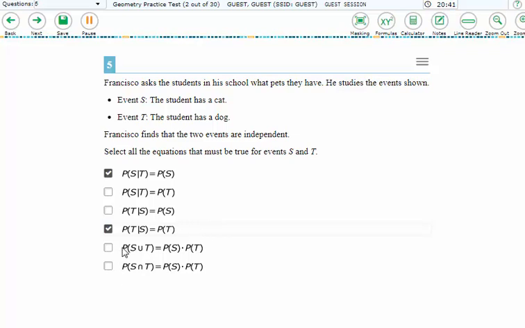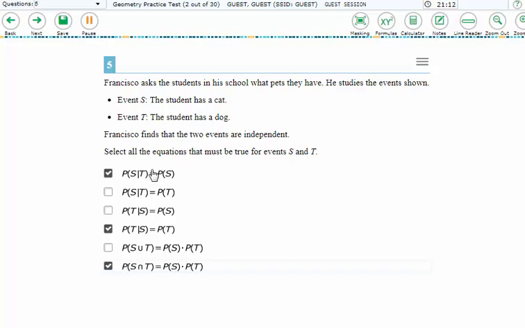For this one, this would mean that this side, every single thing would have to equal if you multiply those together, but that's not necessarily the case because the first one represents everything, where the second one would just be the intersection. If the intersection is equal to multiplying them, that would indicate that they are independent, because you probably will get a number that's not everything within your data for that last one. Let me know if this makes sense.